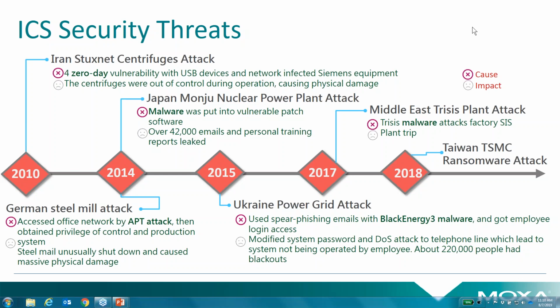And then you can see here in 2015, we have BlackEnergy, or what people call the Ukraine power grid attack. This is very interesting in how it compromised the industrial OT network. The malware actually came through the corporate IT network on the IT side, via a phishing email.